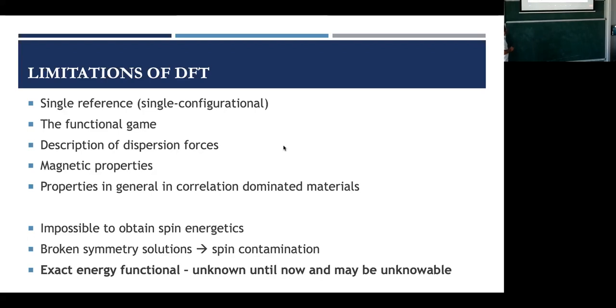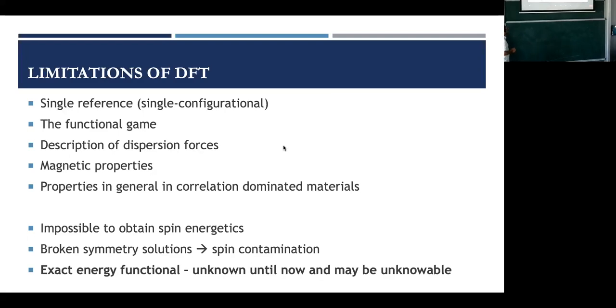And density functional theory, with these approximated exchange correlation functionals, cannot capture the long range dispersion forces accurately. And when it comes to magnetic properties and spin, it almost fails. There are some broken symmetry solutions, but the spin contamination, which is nothing but the expectation value of the S-squared operator, is nowhere related to what we would expect for an ideal case.